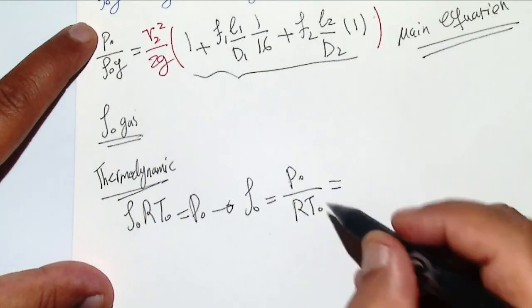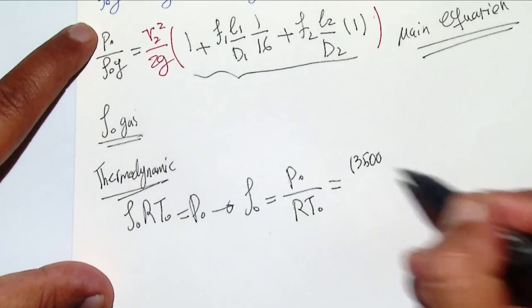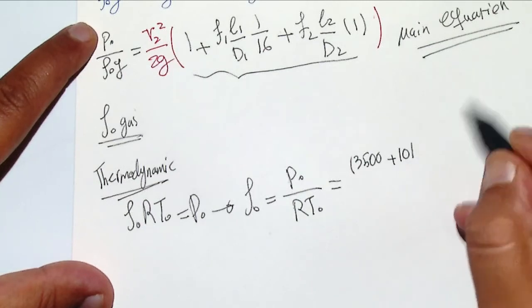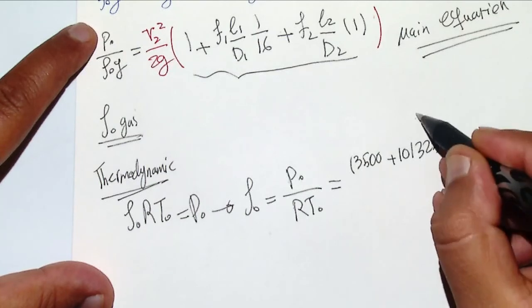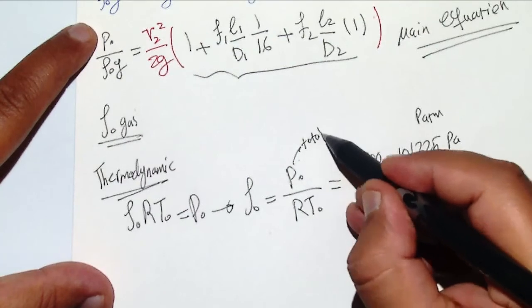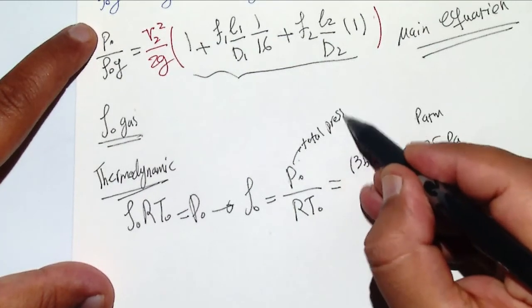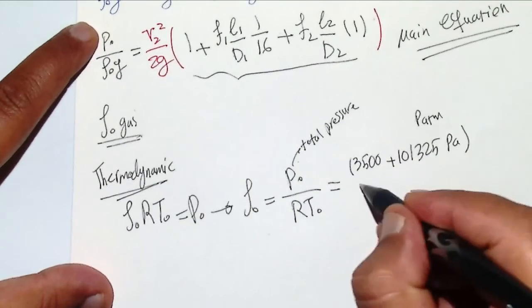Rho 0 you can calculate with P0, which is 3500 for the gauge, plus 101,325 Pascal for the atmospheric pressure. You need to have the total pressure of the gas to apply the equation in thermodynamics, right? So that's your pressure.